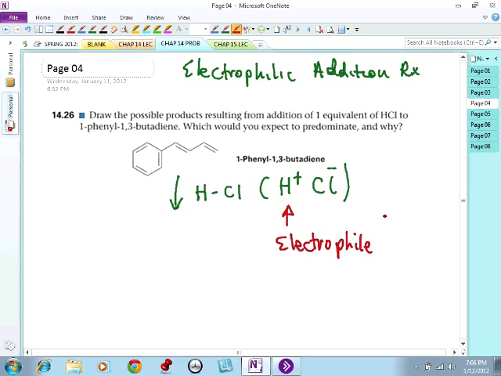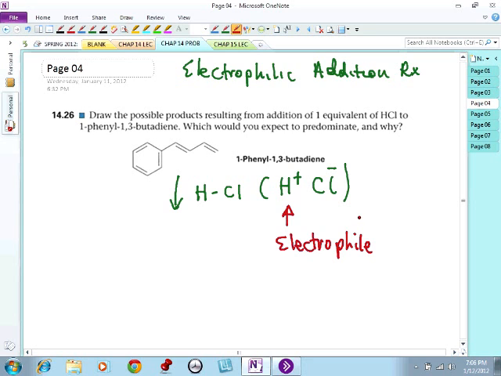Okay, good. Any species that will attract electrons will be an electrophile. In other words, any positively charged species, or any species that could develop a positive charge, will be an electrophile. Keep that in mind, because we are going to be hearing a lot more about electrophile, nucleophile as we progress during the course of this semester.